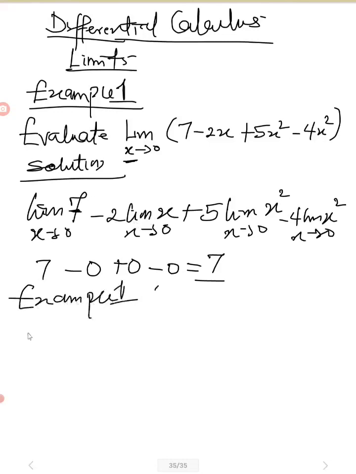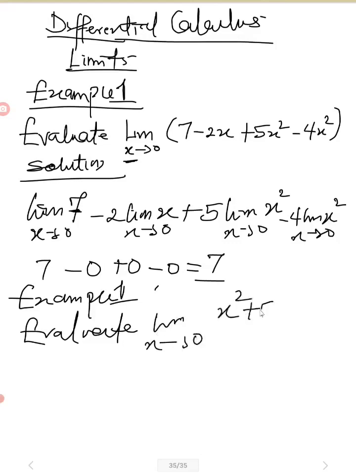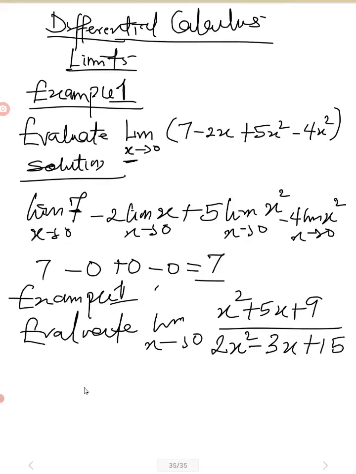Under the limit, evaluate the limit as x tends to 0 of x squared plus 5x plus 9 all over 2x squared minus 3x plus 15. For solving this, you'll be doing it one by one, whereby we have the solution.